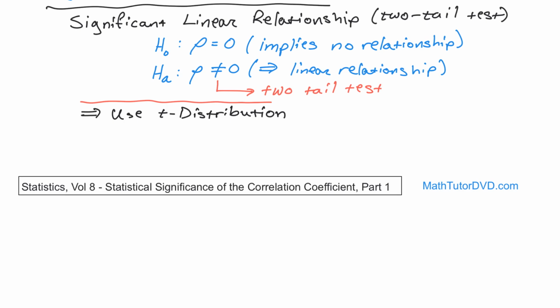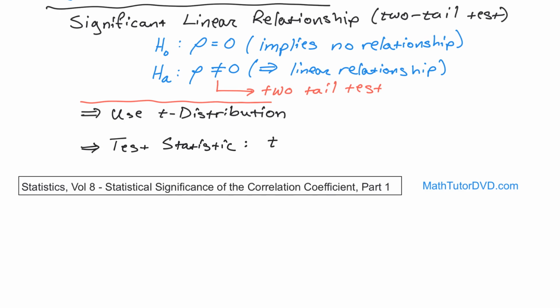Now, remember, when you do hypothesis testing, you need to know what distribution you're using and you need a test statistic. A test statistic is the number you calculate from your sample data, and then you compare that to the rejection region to see if you reject or fail to reject the null hypothesis. The test statistic for all of these problems is going to be the following.